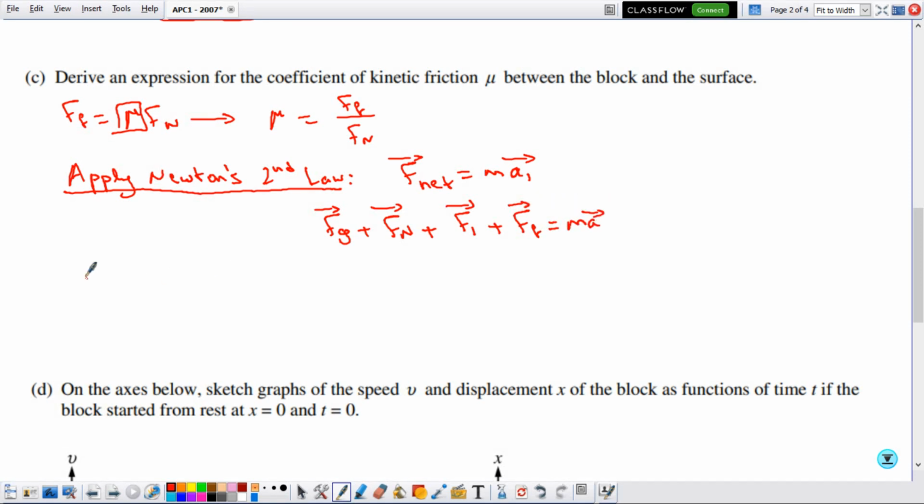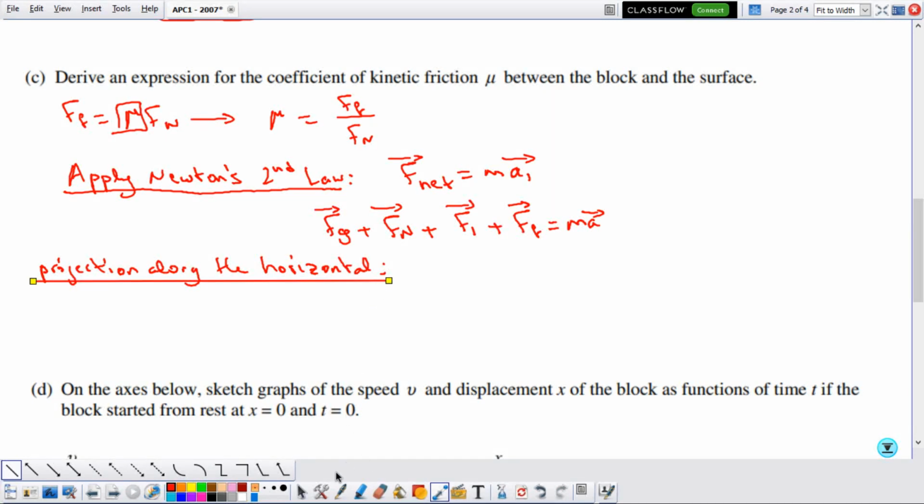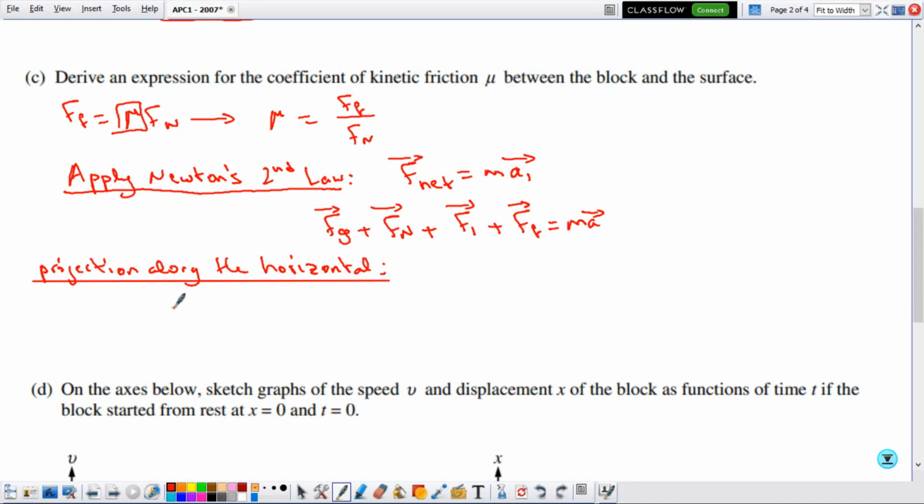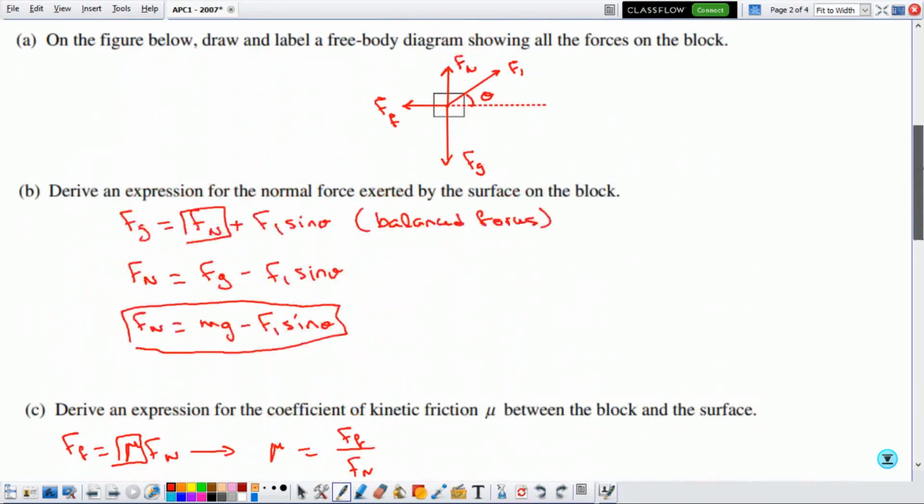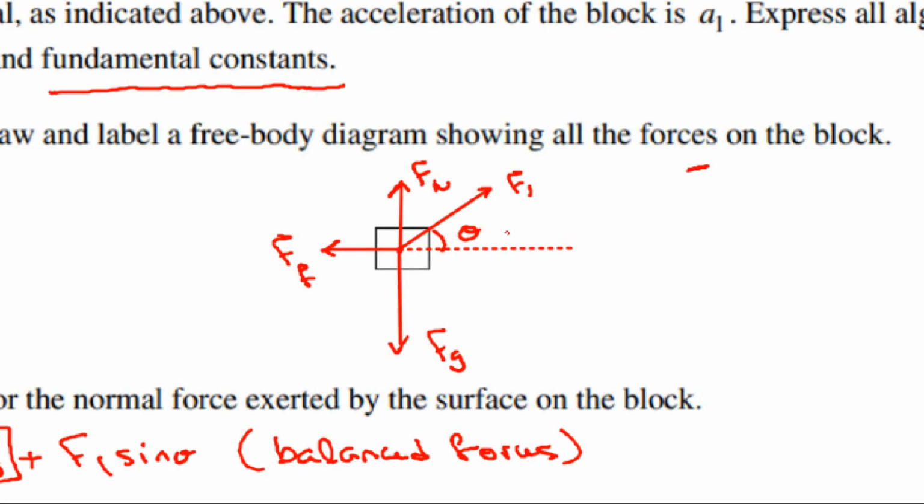Now we're gonna project along the x-axis, so projection along the horizontal. Now the pull of gravity is acting downward, it has no projection, and the normal push is acting upward, so it has no projection. Now the force F1, yes indeed it has a projection because it's making angle theta with the horizontal. Then the projection would be given by F1 cosine theta.